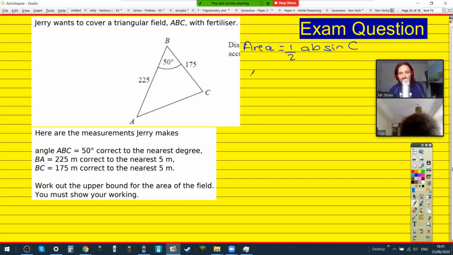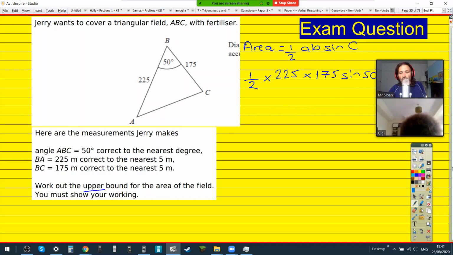Half, 225, times 175, sine. So what would C be? The angle between them. Oh, 50. That's it.